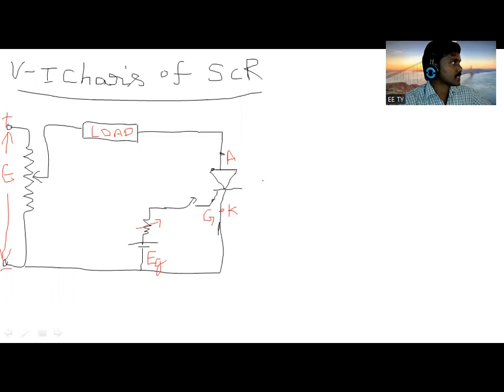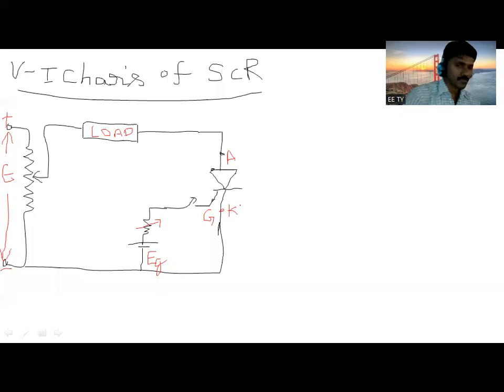Supply voltage is varying, no? Supply voltage means the voltage across the anode and cathode. If you set the point at 100 volts here, 100 volts will be present there. If you put it at 200 volts, 200 volts will be present there. So by varying this one, the voltage is varied, and the same voltage is applied to the thyristor across the anode and cathode terminals.